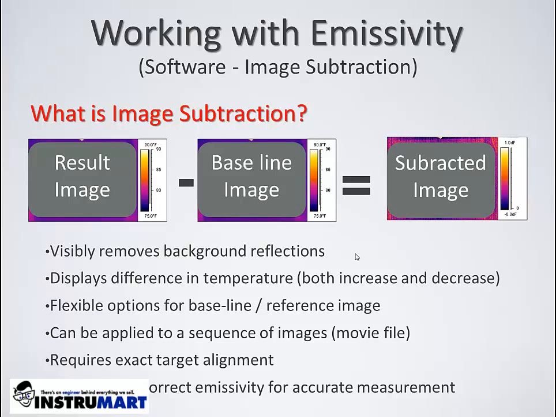Now, unlike mathematical emissivity correction, which does not change the appearance of the thermal image or movie, image subtraction removes the visible interferences of reflected radiation from the image or movie. So it does make a difference in the viewed image.